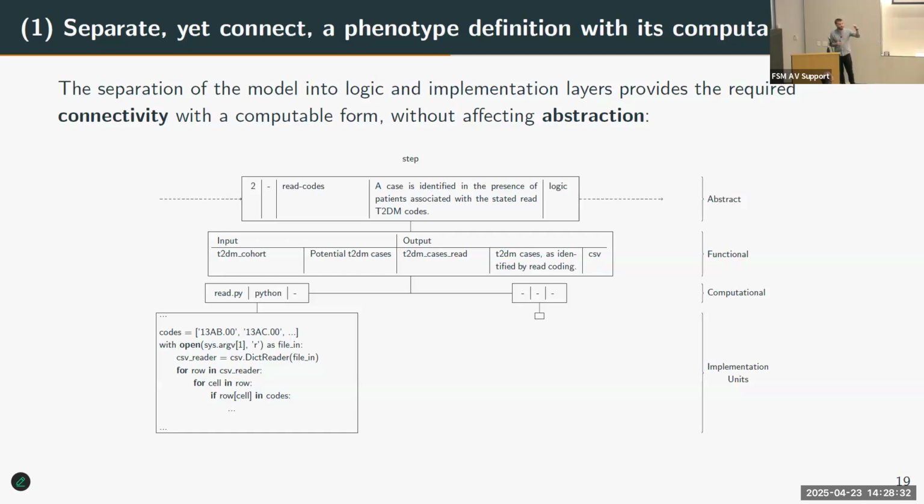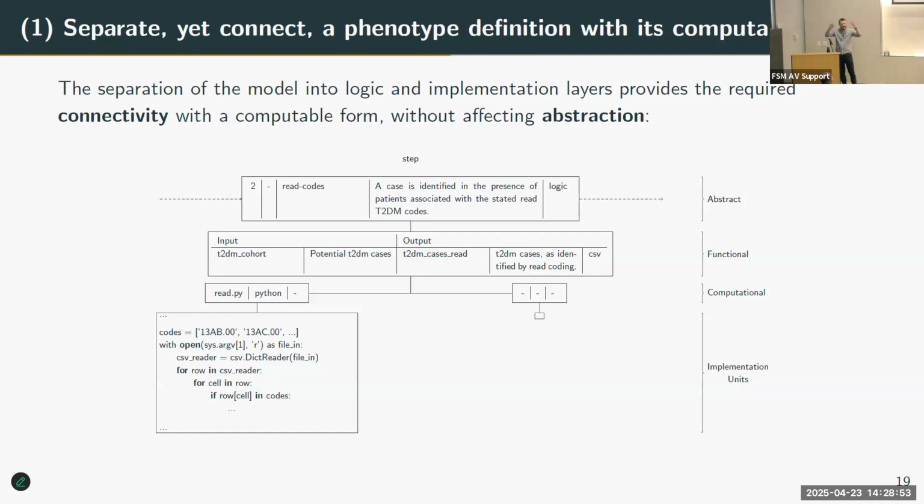Because of the layers, I've got a very clear abstract layer, a very clear definition of logic, and also a very clear definition of what that implementation is going to look like. I've been able to specify exactly what this step of my phenotype does, and therefore I've been able to connect it to the implementation, so they're together, but at the same time not together.